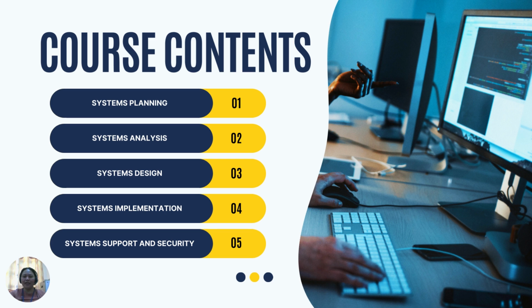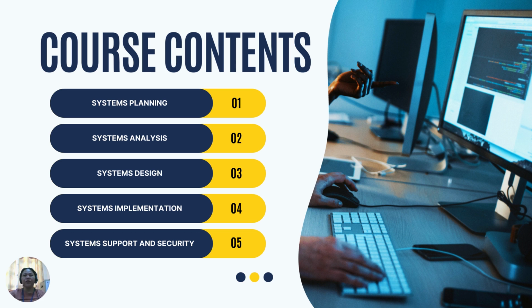As for the contents, as mentioned earlier, there are different phases in systems analysis and design. And in every project, you always start with planning. After that, systems analysis, systems design, systems implementation, system support, and security.